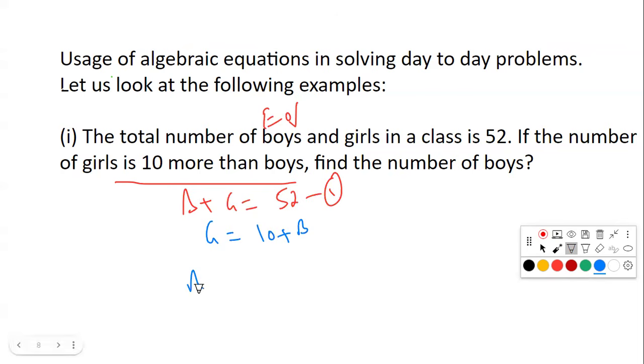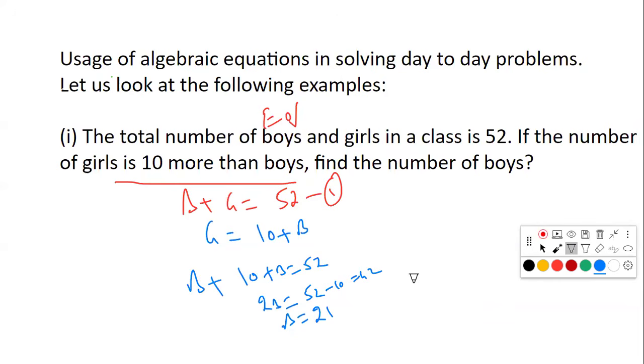So now I put B plus 10 plus B is equal to 52. So 2B is equal to 52 minus 10, which is 42. So B is equal to 21. If you are able to frame the equations, you get the solution.